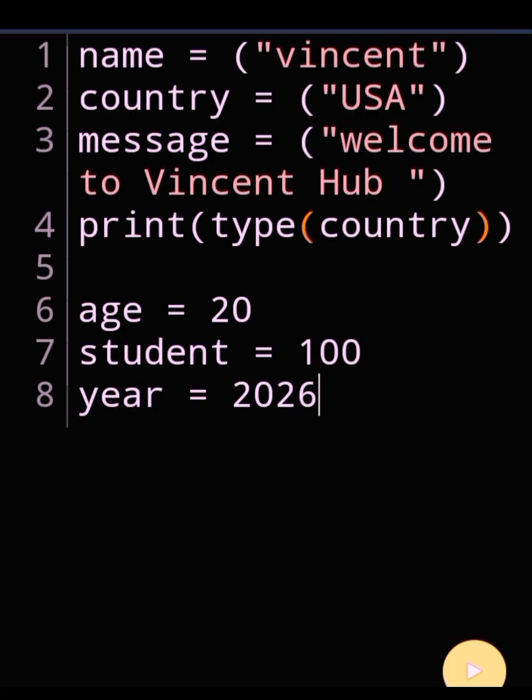So these are all integers. The 20, the 100, and the 2026 are all integers because they do not contain decimal points. They are all whole numbers.